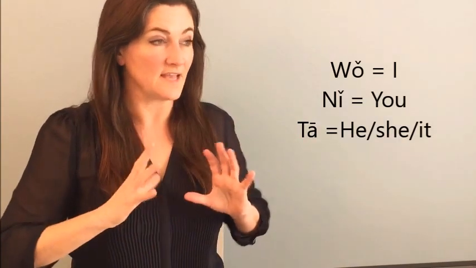Now I want you to use your hands. Let's get rid of the visuals so you can get this in your head. Use your hands so you get a little bit of the kinesthetic muscle memory thing going, okay? So use your hands and repeat after me. 我, 你, 他.